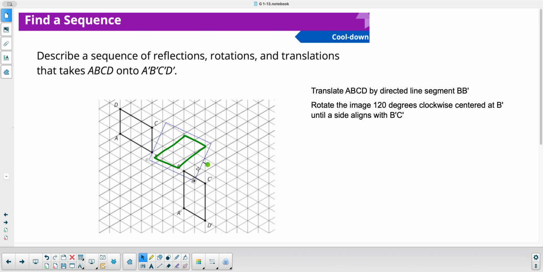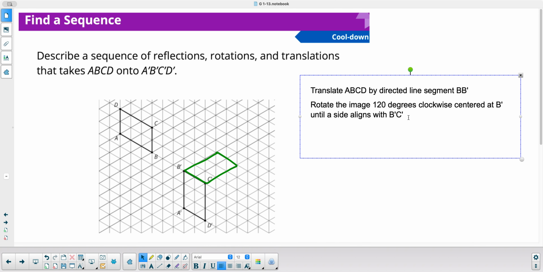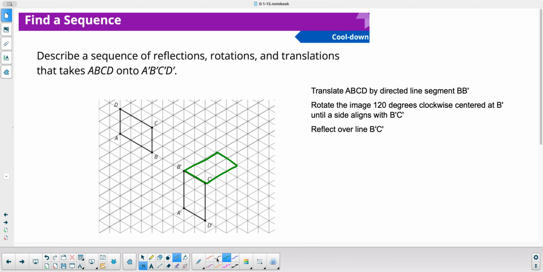Now my center has to move though, but picture it staying fixed at B prime. And then I'm going to reflect over line B prime, C prime. So if I reflect over this line right here, B prime, C prime, it'll give me right there. Okay.